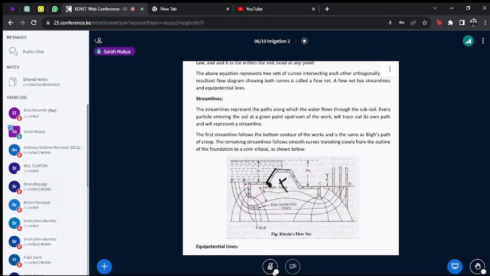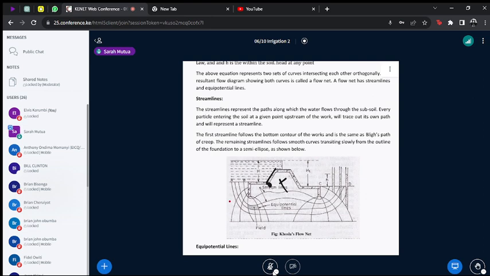Now, if you have come across the concept of flow nets, maybe in water resources engineering, what we have here is some kind of a flow net. That is what a flow net is, usually formed when you solve the Darcy law that we have just seen.